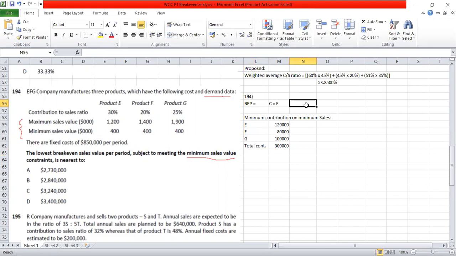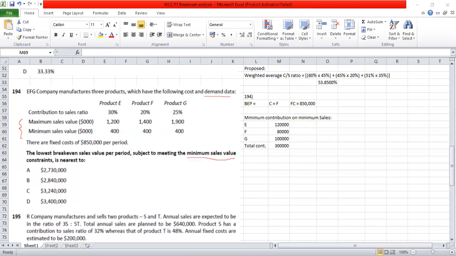So they will not break even if the situation is at the minimum sales level of 400,000 for all the three products.